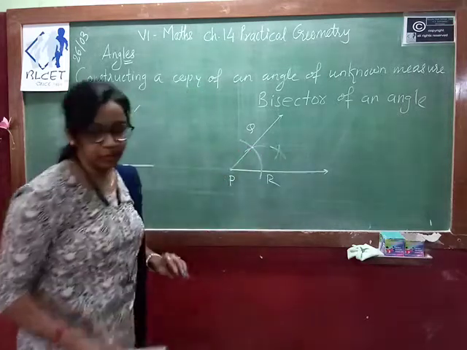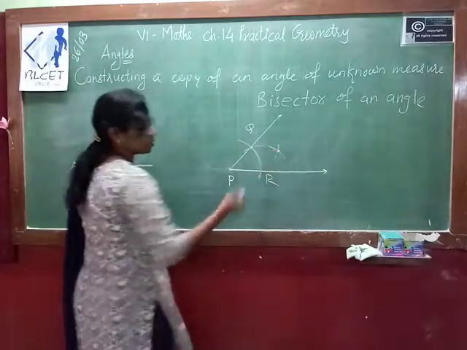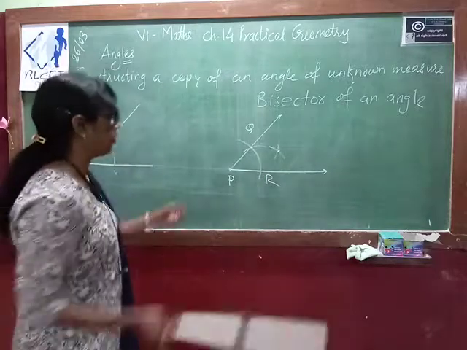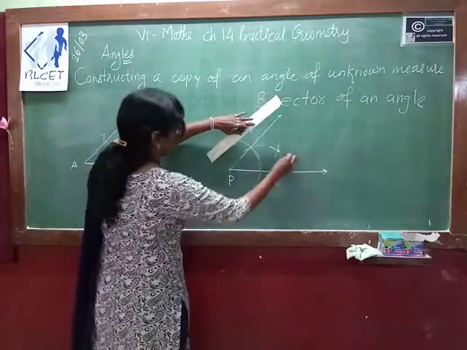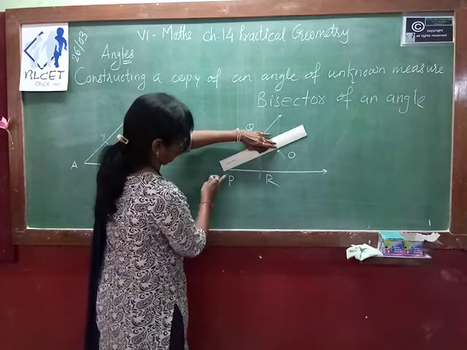So we are getting one point, this point. So wherever we join these 2 points, P, name it as O. Join these 2 points.